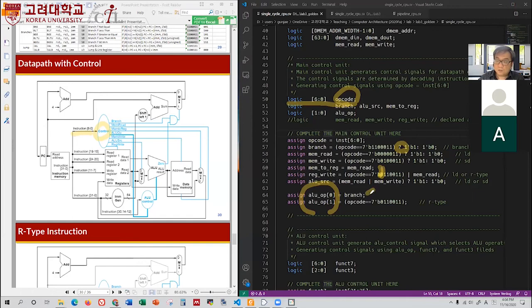So this is actually equivalent to branch. For ALU OP bit 1, if it is an R-type instruction, that means the OP code is 0110011. Okay, so this is the Verilog code of the main control unit.